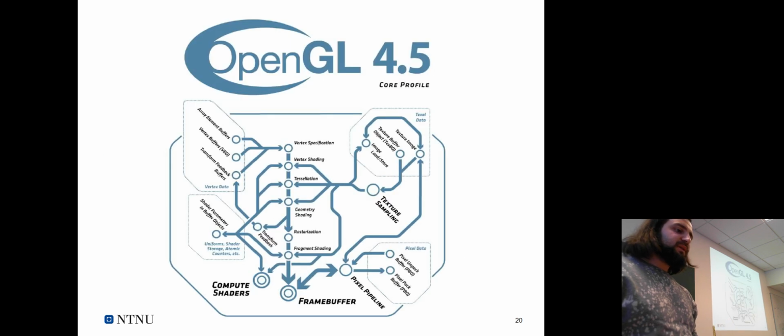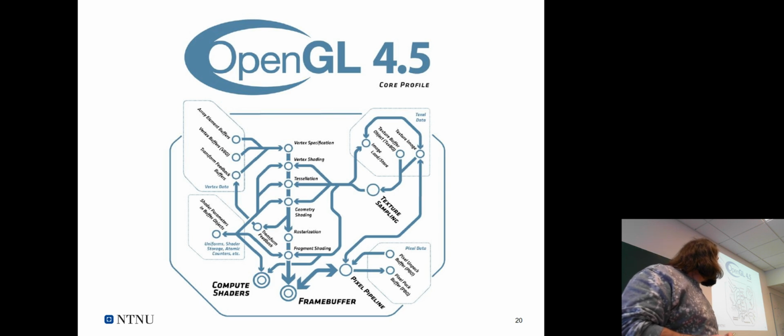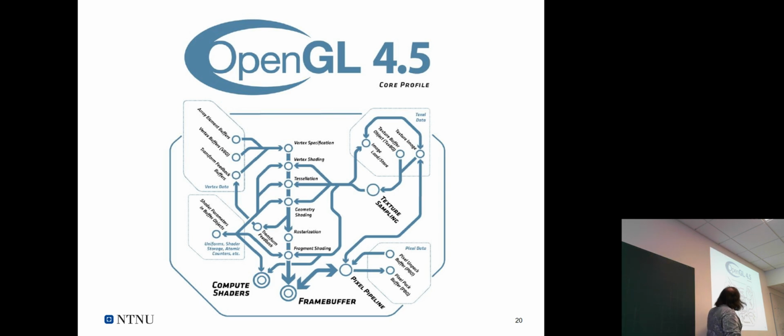Yeah, now to go into more detail on the overall OpenGL 4.5 version. As we already mentioned, we have vertex specification, vertex shading, then tessellation, geometry shading that is manipulated by us, the rasterization process, fragment shading, and frame buffer.